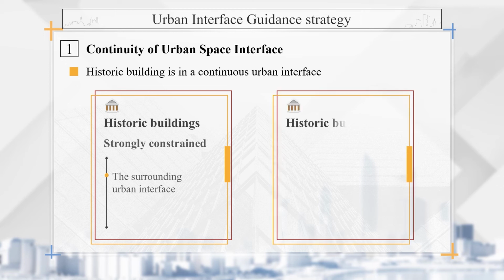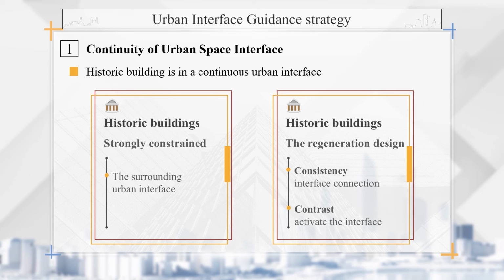The regeneration of the interface needs to refine the internal control logic of the urban interface and reshape the interface based on it, emphasizing the consistency and connection of the interface as much as possible.